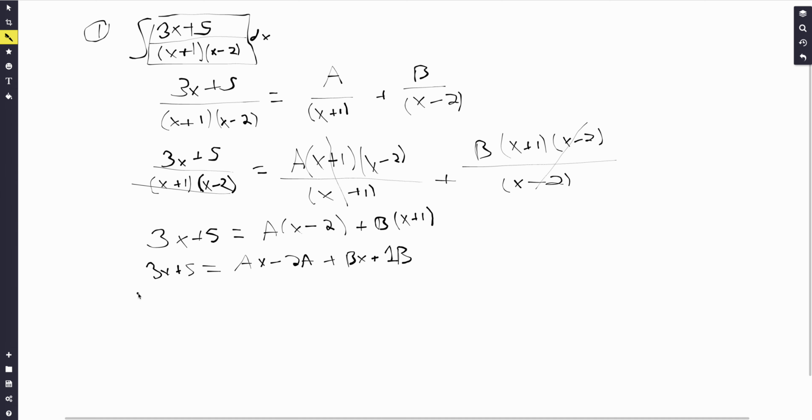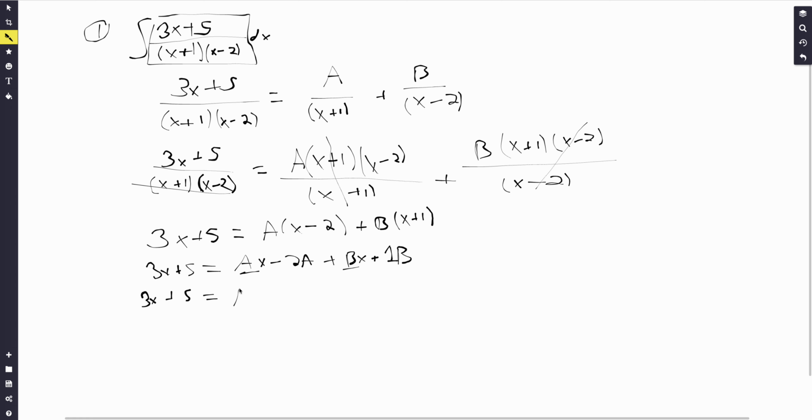Okay, so what we have to do here is group this side all together. Remember, you don't group the a's and the b's together. You have to group the x's, and these are constants. So the a of x, which other value has an x? The b of x.